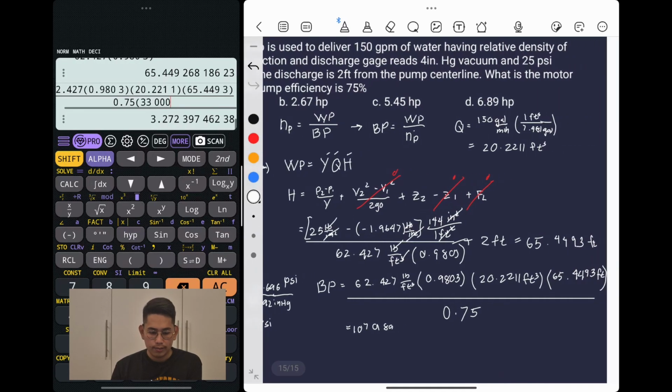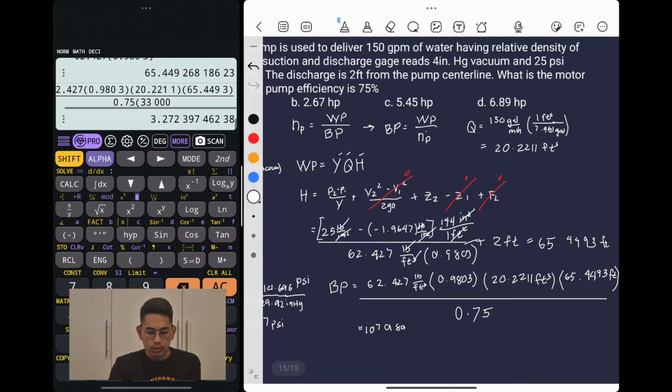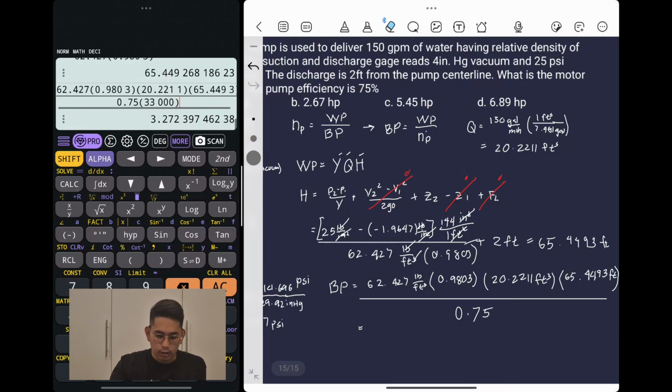Kasi kailangan natin is from the choices na HP, di ba 33,000, yung mag-equal siya sa HP.